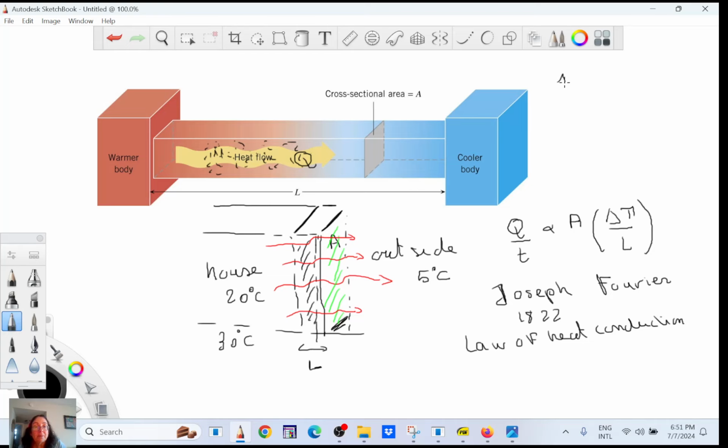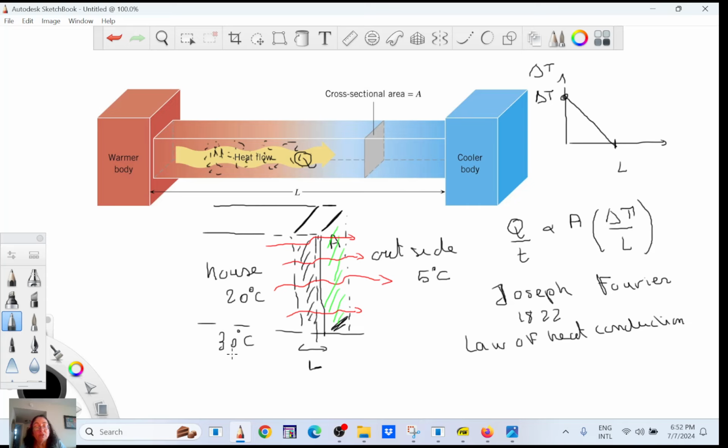You can think of it this way: that will be the gradient of temperature between hot and cool, and that will be the length that the heat has to travel through.